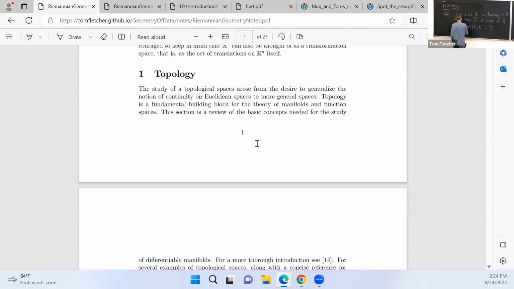Number two, a union of an arbitrary collection from T is also in T. So take any collection of these subsets in T, I take their union, that has to also be in T. When I say arbitrary, I mean it could be finite or it could be infinite.